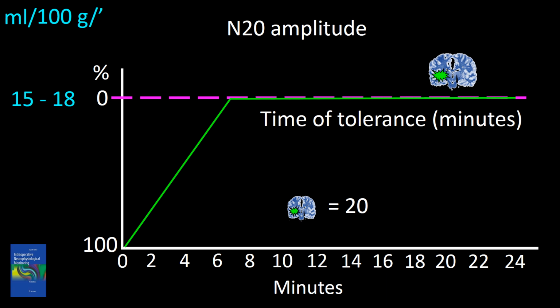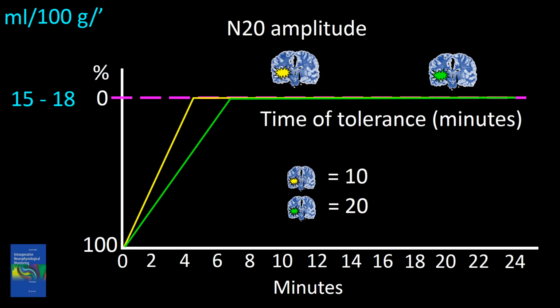So, when it takes more than 4 minutes for N20 to disappear after clamping the middle cerebral artery, the maximal tolerance time is 20 minutes. This implies that if it goes longer than 20 minutes, there will be certainty of brain damage. If N20 disappears in about 4 minutes, the maximal tolerance time is 10 minutes.